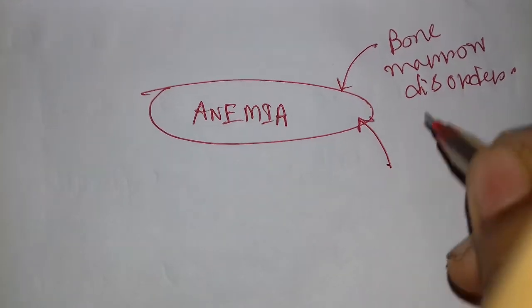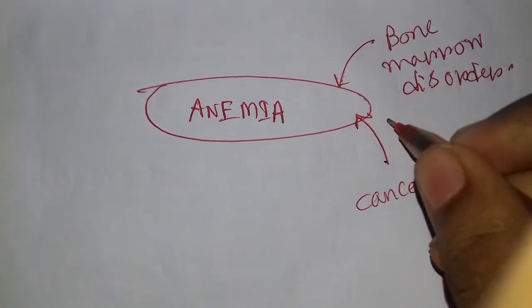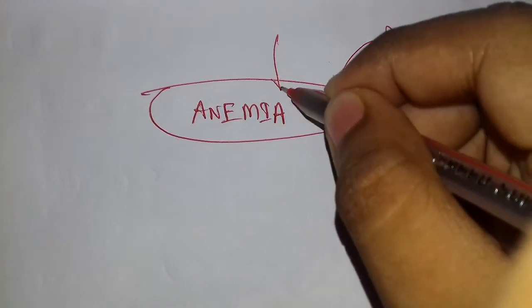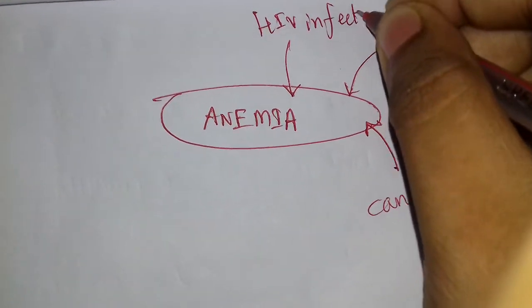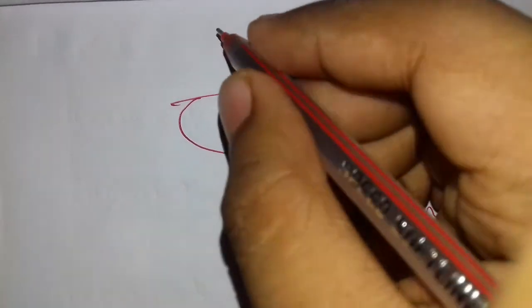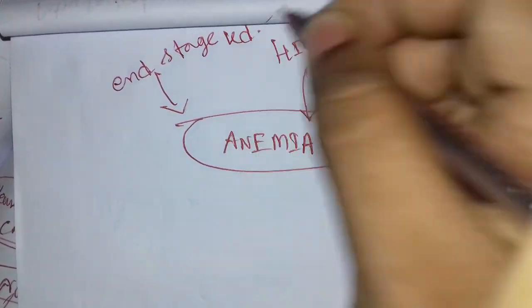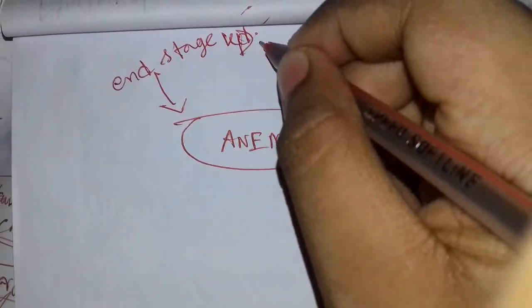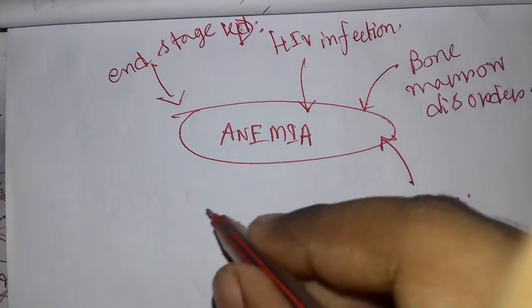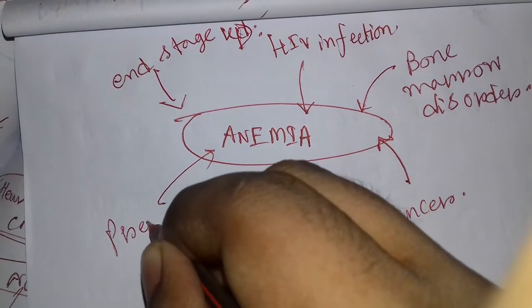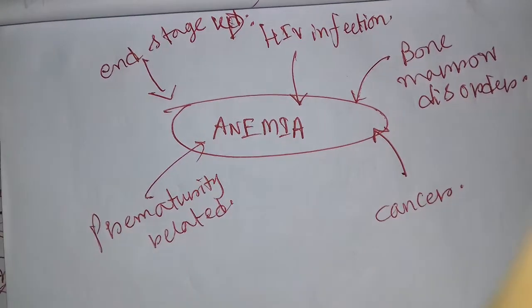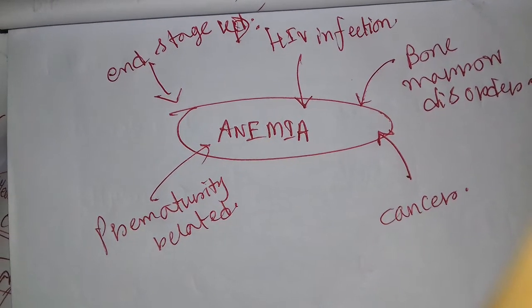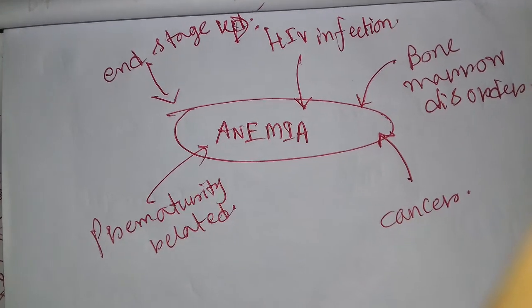Then in case of cancer related anemia, we also use these kind of drugs, and in case of HIV infection, if there is anemia, and in end stage kidney diseases, we use these erythropoietins, and prematurity related anemias. In these types of anemias, we use this erythropoietin.